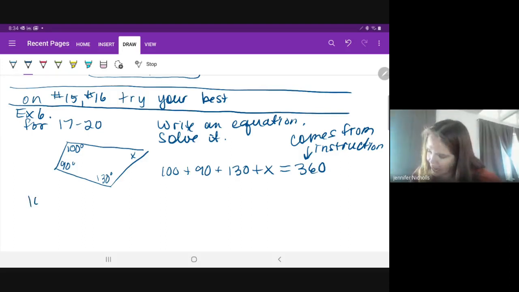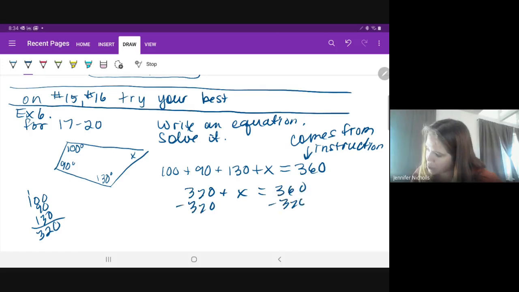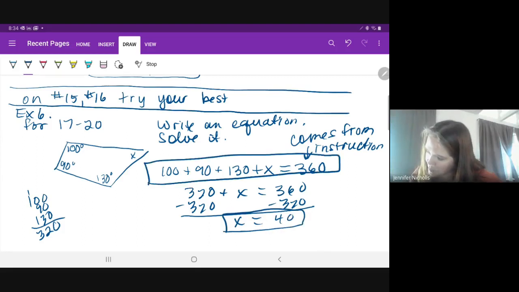Then we have to add those. 190, 130, 320. 320 plus x equals 360. Subtract 320, subtract 320, x equals 40. So this is the setup, and this is the answer.